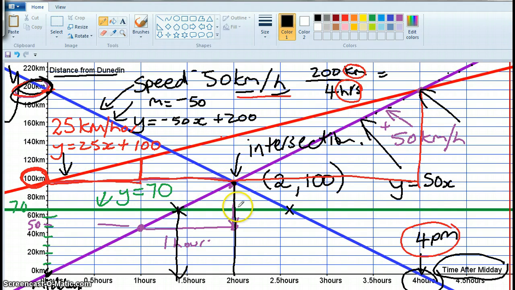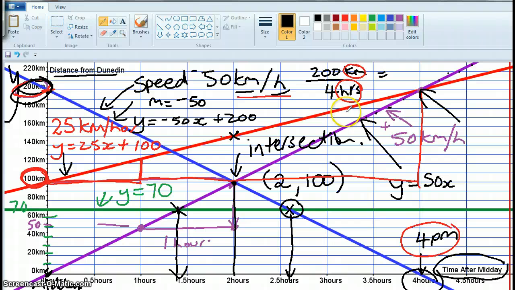The green's still sitting at 70, and the red one's the furthest away from Dunedin. It's about 150 kilometres away from Dunedin. This point here is 2.5 hours, which is 2:30 p.m. So just after 2:30 p.m, the blue train went past the green one, and the blue one was on the way to Dunedin.